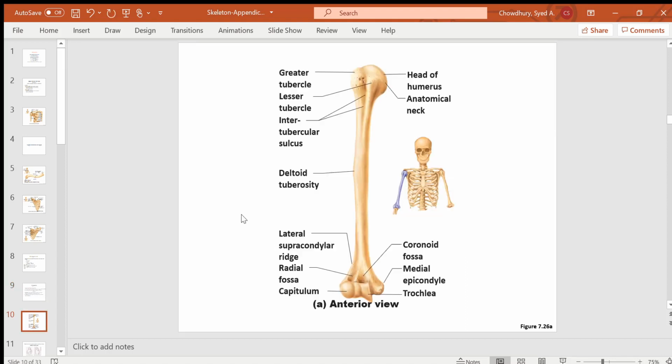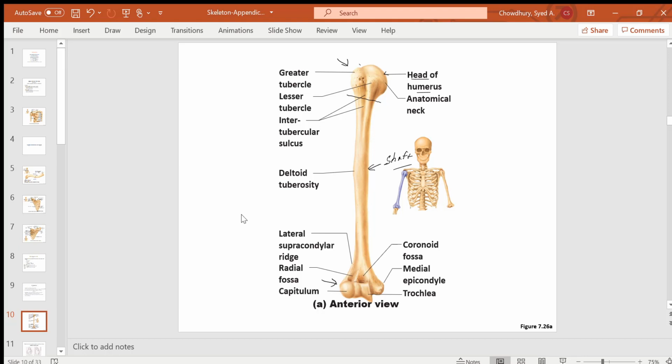Okay, first we'll see the upper end. This is the upper end of the humerus here, and this is the lower end here, and this is the shaft. Okay, so two ends are connected by the shaft. The upper end has a nice round head that forms the shoulder joint.